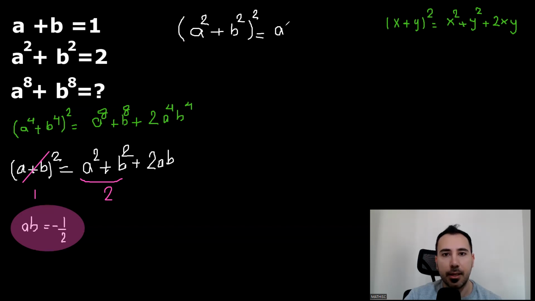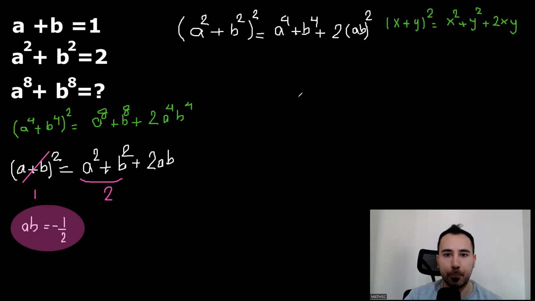So it will be a to the fourth power plus b to the fourth power, plus, you see, the answer will be like this, but I'm going to write it differently: 2 (ab) to the second power. Why do I write it here? Because it's easier. We have the information here.